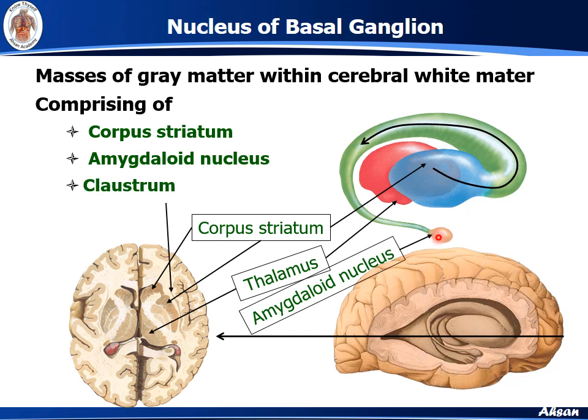The claustrum is a sheet of gray matter separated by white matter from the other parts of the basal ganglion. You see the white matter separating the claustrum from here. The white matter is the external capsule, and inside this mass of white matter is the internal capsule.